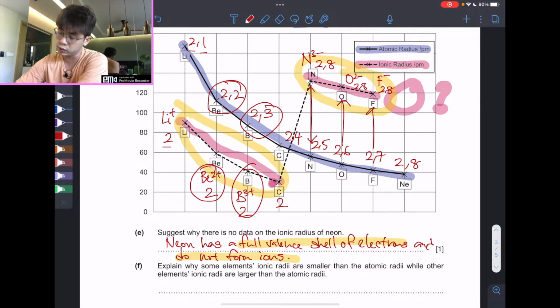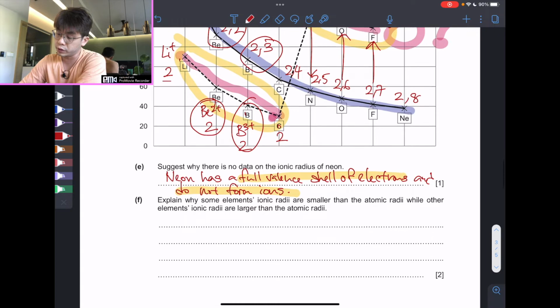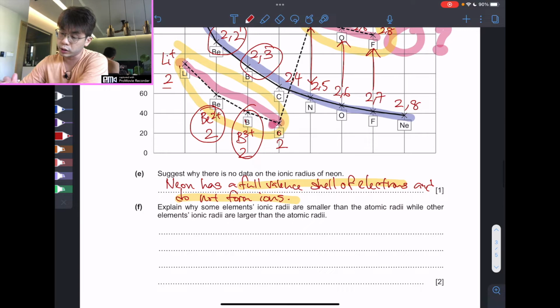Again, there's an increase. So firstly, I should be able to very easily explain why the lithium ion, beryllium ion, boron ion, and carbon ion are smaller than the atomic radius, because that's what I'm trying to explain: why some ionic radii are smaller than the atomic radius, while other elements' ionic radius is larger than the atomic radius. So I can explain why some are smaller.